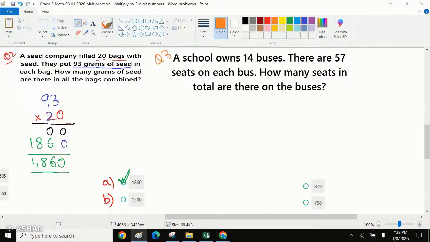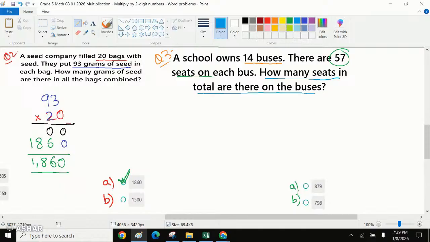The question says a school owns 14 buses. There are 57 seats. We need to find the total number of seats. How many seats are there in total on the buses, right? Okay, thank you, Manoj. Let's focus. A school owns 14 buses, and each bus has 57 seats. So if the school would own one bus, that would be 57 only.